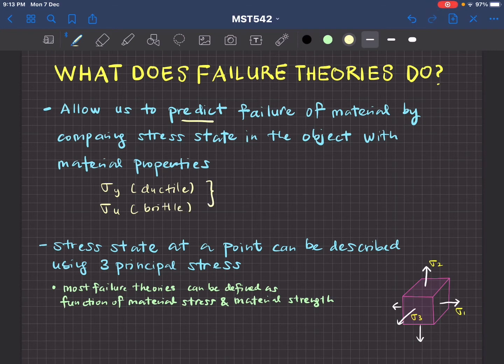These two properties can be determined by a uniaxial testing. The stress state at a point can be described using the three principal stresses. So most failure theories are defined as a function of principal stress and the material strength. We can write it down like this.